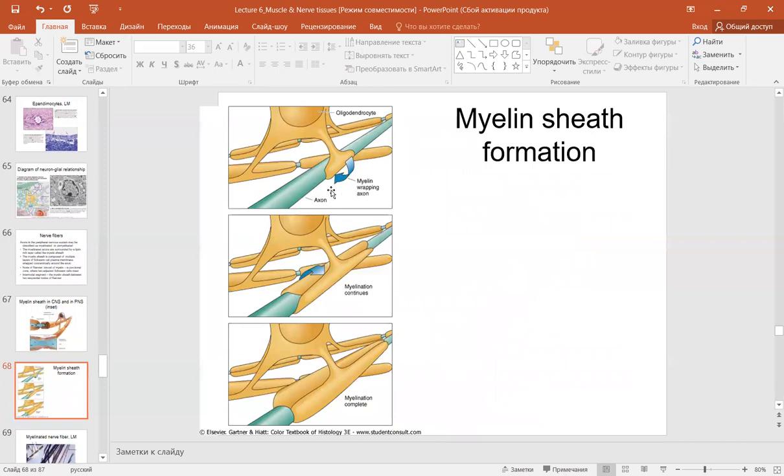Here you have the myelin sheath formation, the duplication of plasma membrane of the oligodendrocyte, and it's increasing several times, forming several times of this bending, surrounding, enveloping the axon process.